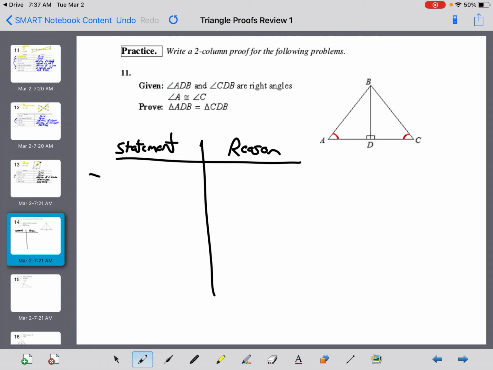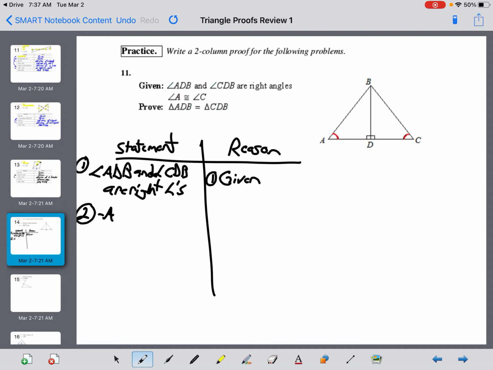Okay, your givens are angle ADB and angle CDB are right angles. And that's a given. And to make things easier, I would label. Step 2 said that angle A is congruent to angle C. Okay. So we have our congruent angles and we have our right angles.